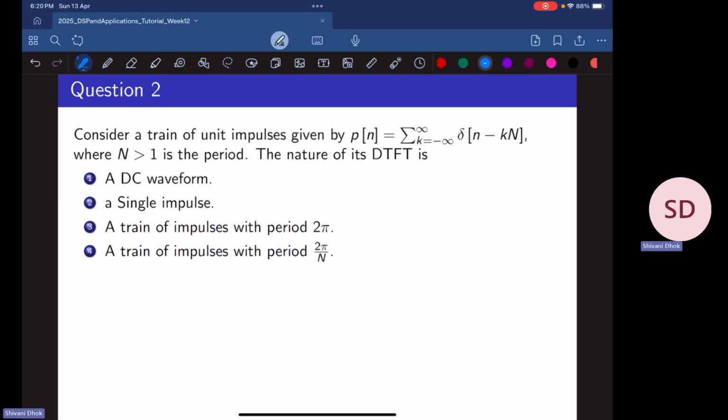So here it says that consider a train of unit impulses given by p of n equal to this.